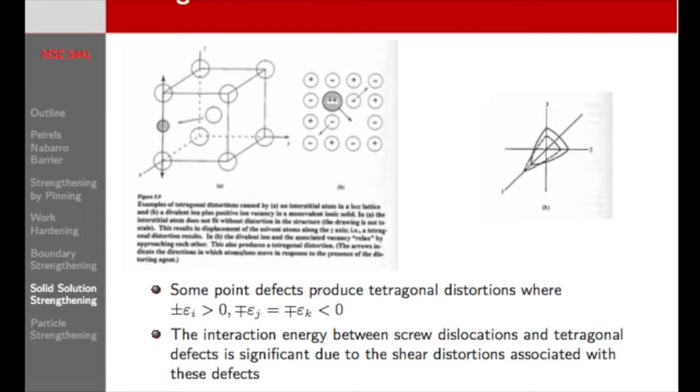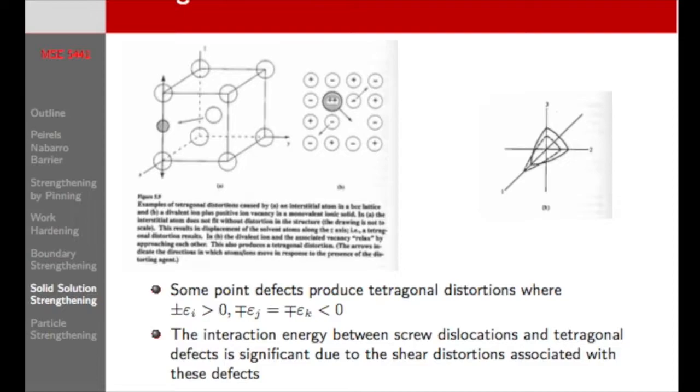Okay. So now let's imagine a different situation. That was for a substitutional atom. What happens when we stick something in interstitially? When you do a substitutional solution, the stress field is essentially uniform. The strain field is essentially uniform around that body.